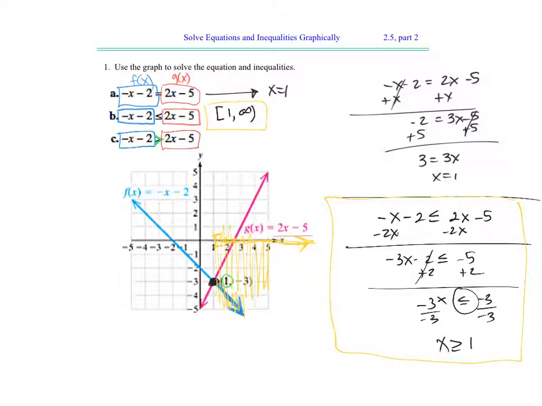So here, this whole section, that's where my blue line is up above the red line, and then we just look at what the x values are that correspond to that part of the graph, and it would be everything less than 1. So it would be from negative infinity to 1. And there you go. And you can prove it algebraically as well. Just solve that inequality. But sometimes we won't have the equation of those lines. We'll just be looking at graphs to try and figure these out.